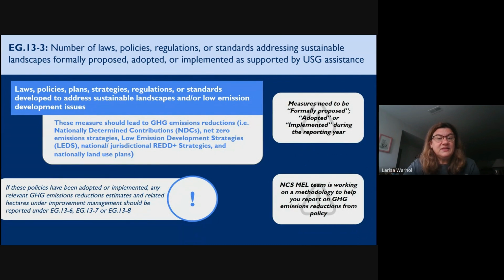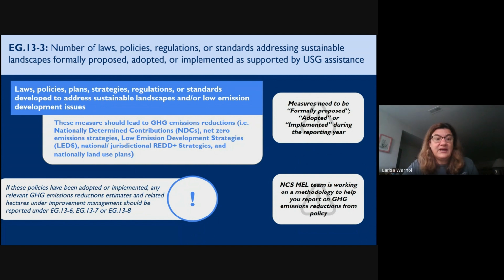So this is just some of the things I want to reiterate about the policies and regulations. This is EG.13-3. If you are reporting on EG.13-3, and when we think about these things, they are pretty broad: laws, policies, it could be a forest management plan, strategies, regulations, addressing sustainable landscapes or low emission development.